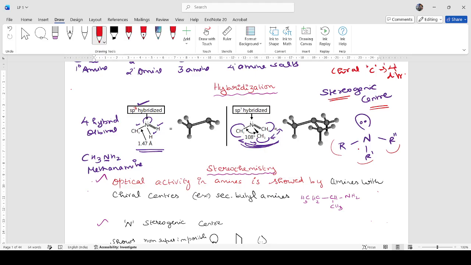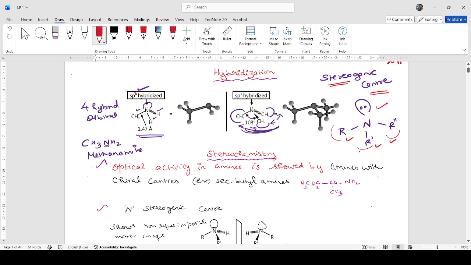Look at this amine here. It has three different groups and a lone pair. Definitely all four are different. So yes, this nitrogen acts as a stereogenic center. If it is a stereogenic center, can I call this amine optically active? No, you can't.